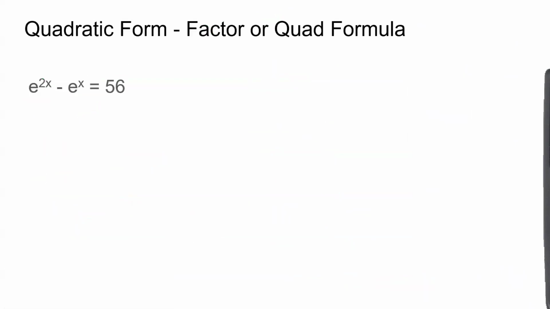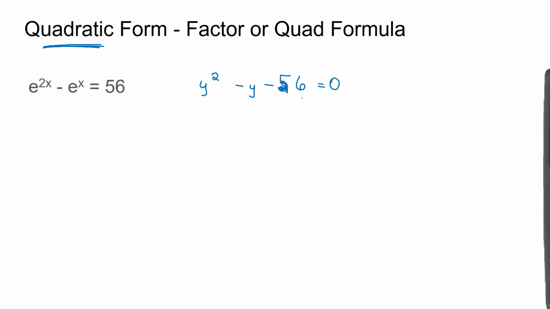Okay. Here's an odd one. I've got e to the 2x minus e to the x equals 56. And the thing up here at the top suggests that we could look at that like a quadratic. If I had some variable y squared minus y, and let's go ahead and subtract 56 from both sides, 56 equals 0.